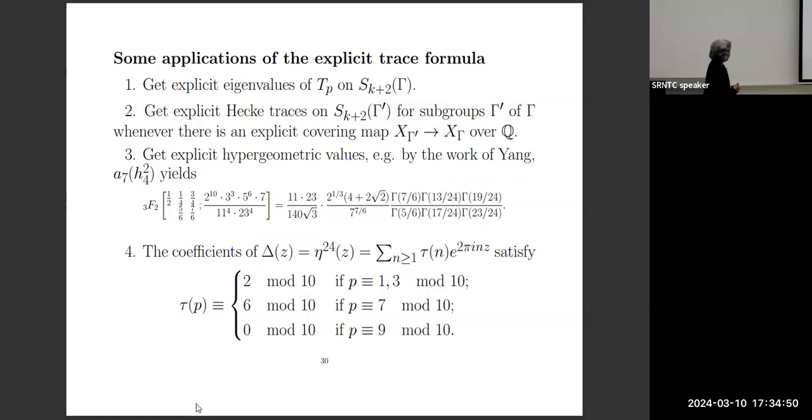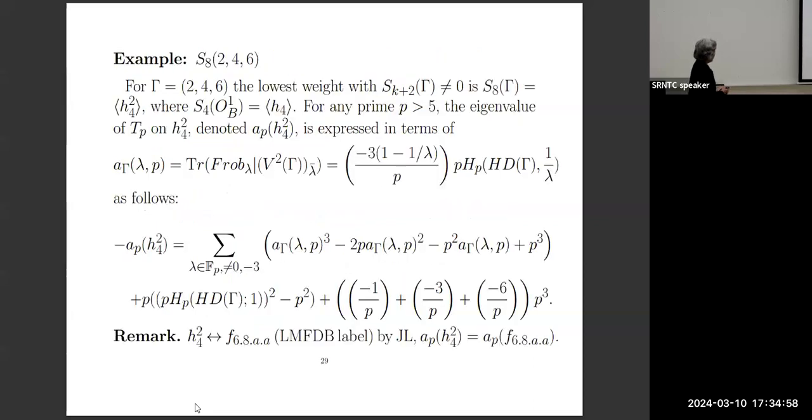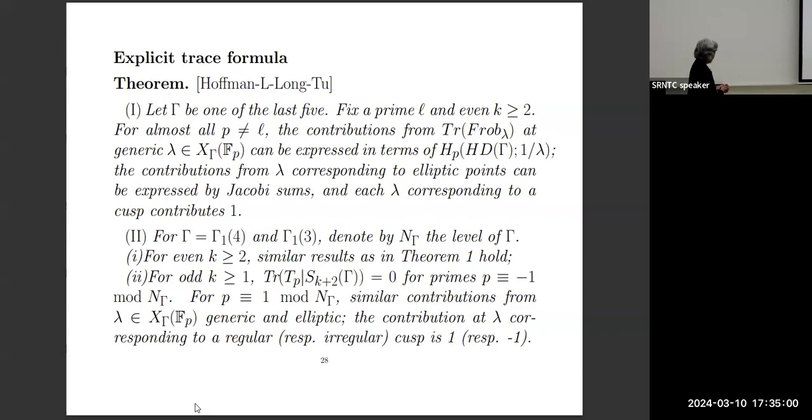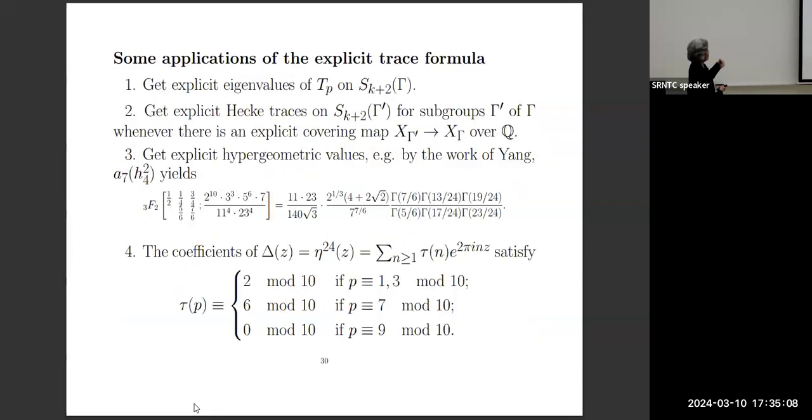So I will end by talking about some applications of our explicit trace formula. First, when we stated the theorem, we gave the trace of TP on the whole space, but actually we can give the eigenvalue of TP on the space by computing the powers of Frobenius.